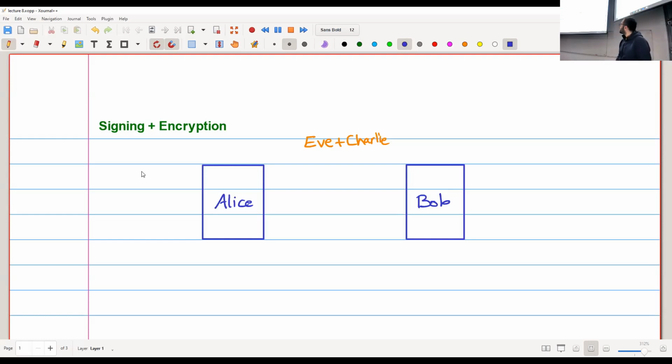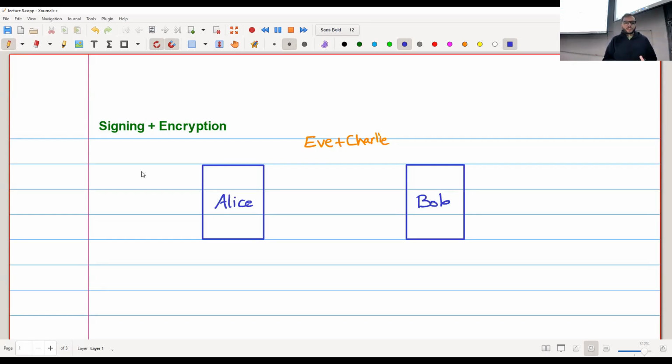And we had basically two different types of bad guys here. We had Eve, who wanted to figure out what our message is. And we had Charlie, who wanted to change our message. So my general setting is that I have Alice and Bob. As usual, they want to communicate with each other. But now let's say that the adversary might do both of these things. So the adversary wants to figure out what the messages are, and it might also change my messages.